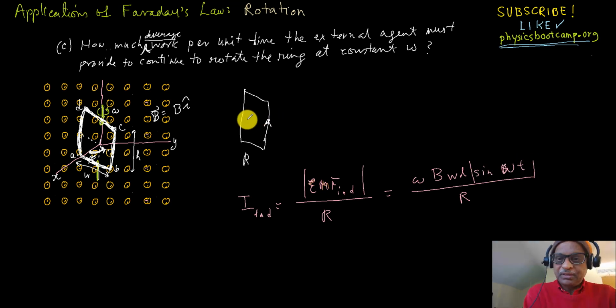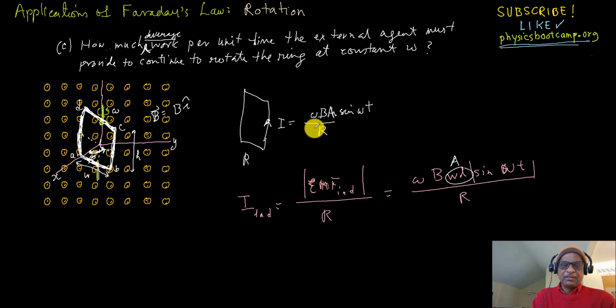So the current at this point is omega B, let's call this W L, let's call that area A, sine omega t over the resistance.